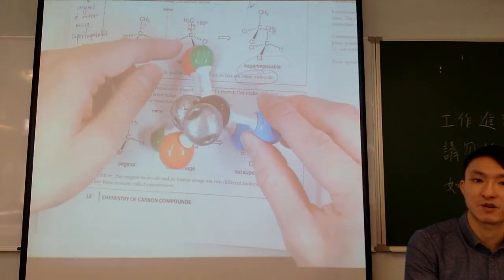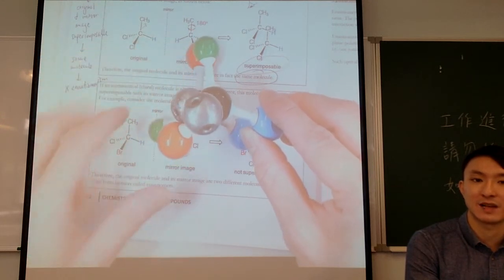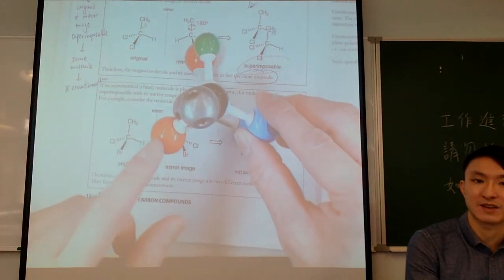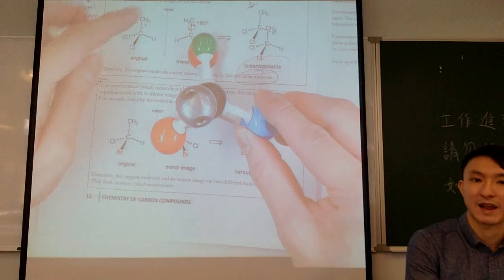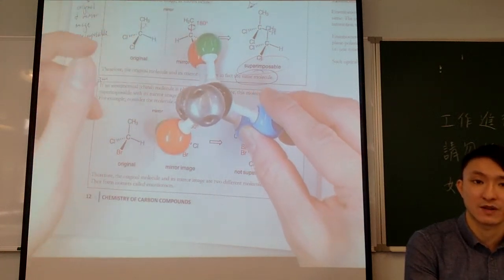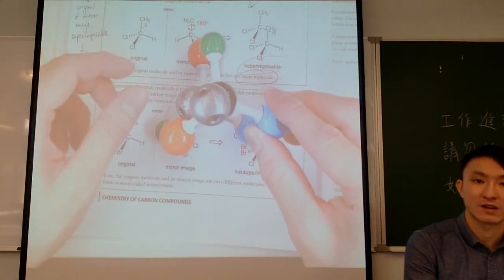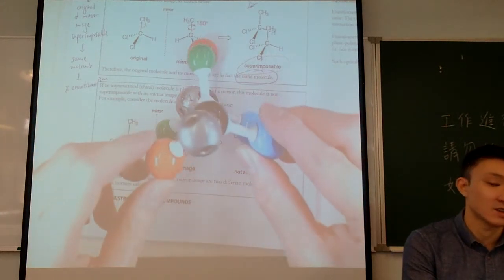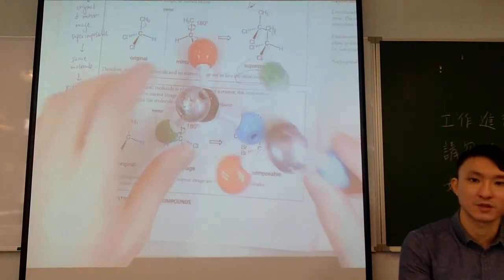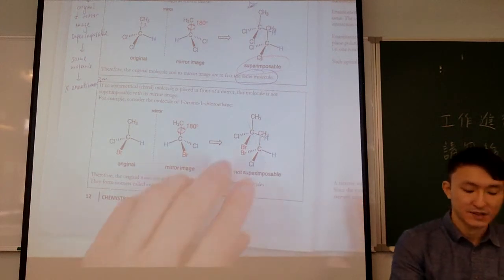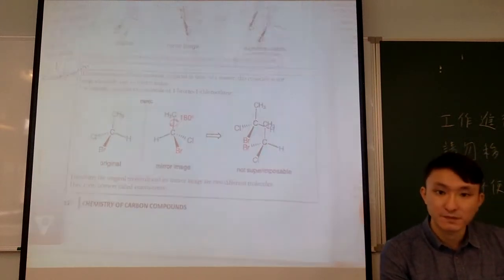No, you still see the bromine here, right? The bromine atom is bigger than the chlorine, so it cannot be blocked. At least for this part, they are not perfectly overlapping one another. So these two, we say that they are not superimposable.